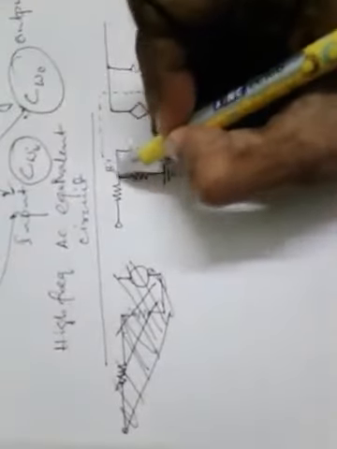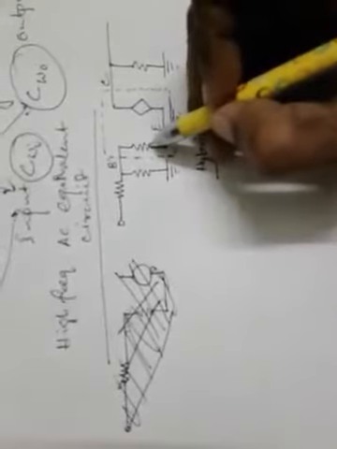This is the portion which looks like a pi structure, the pi symbol, and this part is the BJT. So this side is the base of the BJT, this is the collector, and this terminal is the emitter.